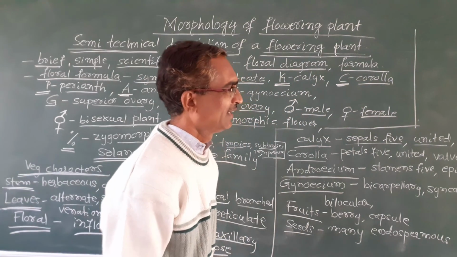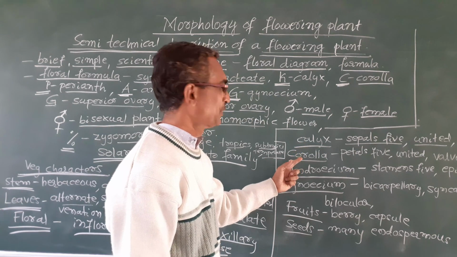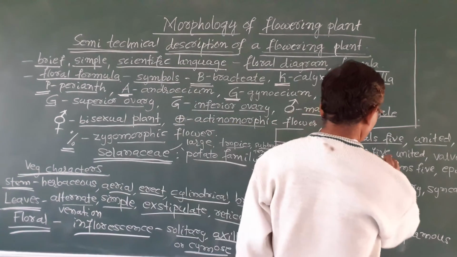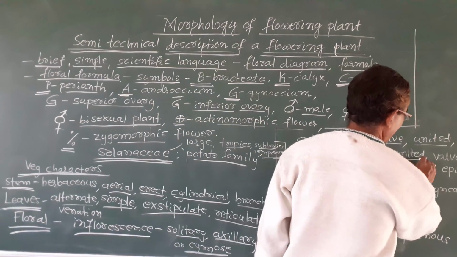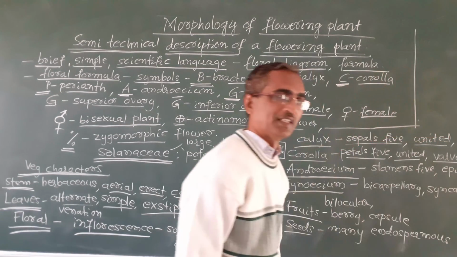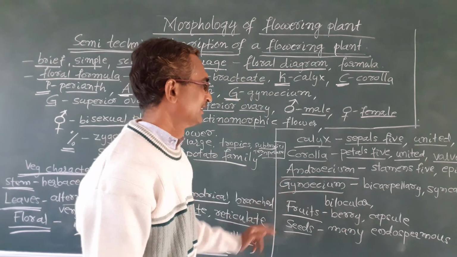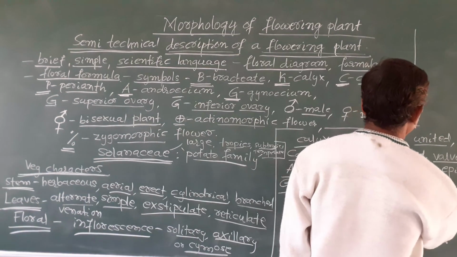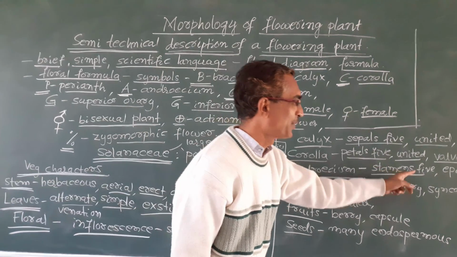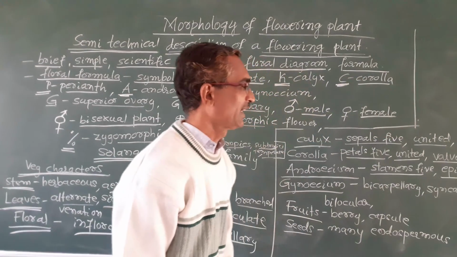Next, the corolla. After the calyx, the next whorl is the corolla, and its individual members are called petals. The petals are 5 here, also united, and also having valvate aestivation. Next, the androecium, the male reproductive part. The individual members are called stamens, 5 in number, and epipetalous in nature.